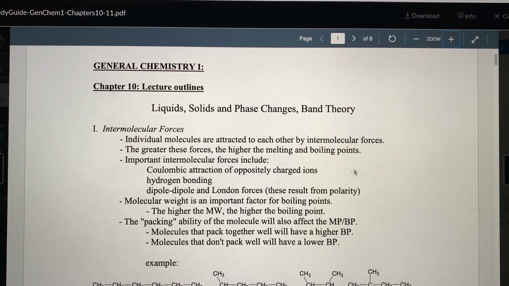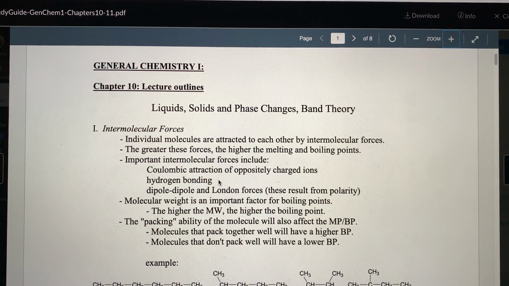There are 7 different types of intermolecular forces, of which 4 are the most popular. The first one is known as Coulombic attraction force. We also call it ionic force. The second one is hydrogen bonding.